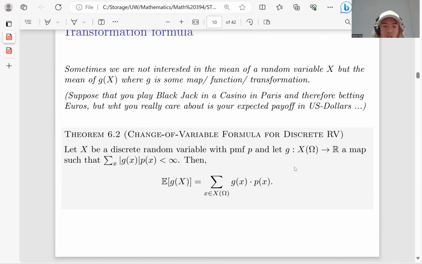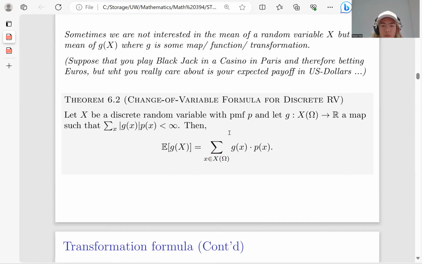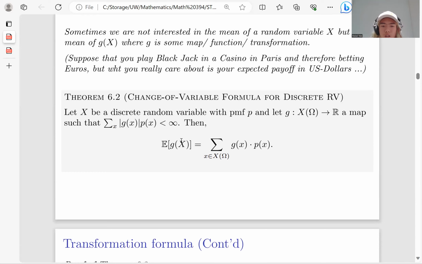We know that the summation of all of the realizations times their probability will not be infinite. So the expected value is g(x) times p(x), and if we sum them up, this becomes the final version of our expected value formula.